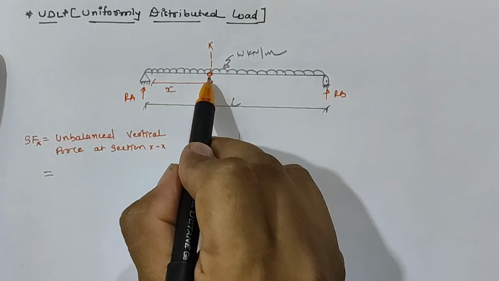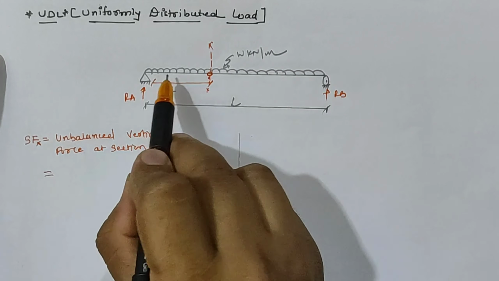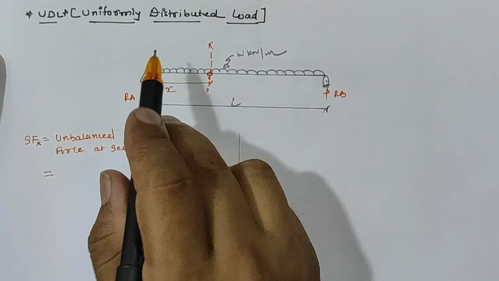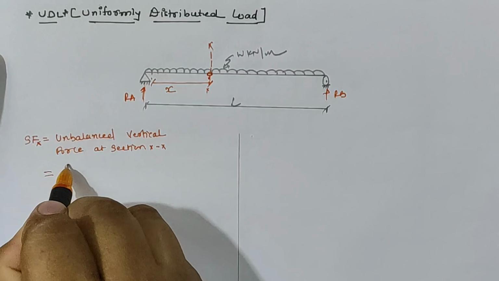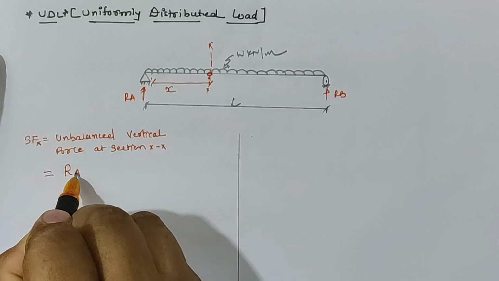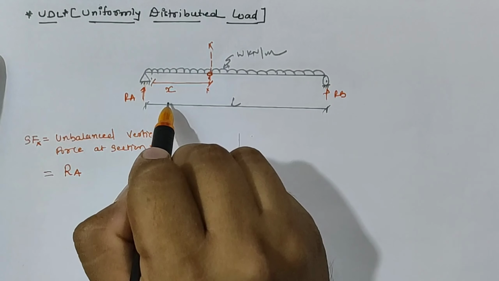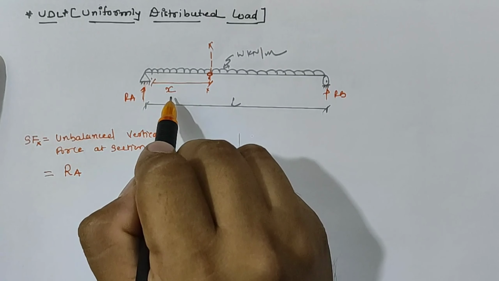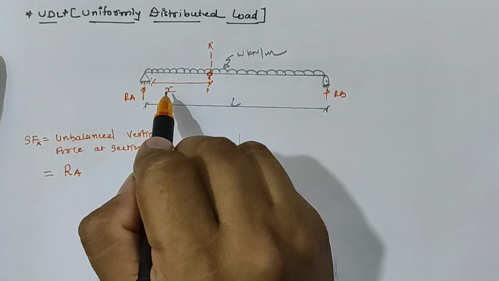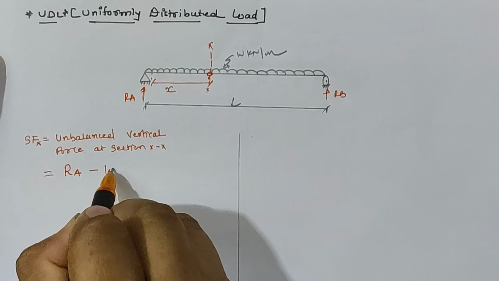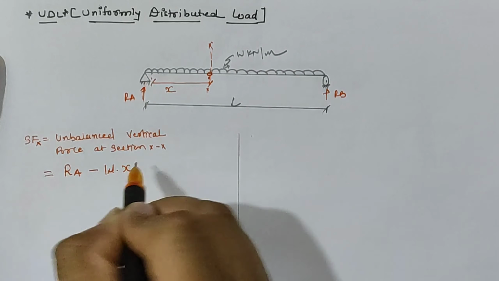So at this section, if we assume the left hand portion, then vertical force RA is upward, so we have to assume it as a positive, and W kilonewton per meter load is downward direction. So according to the UDL, the total load of UDL is load into distance, so our value is W into x.